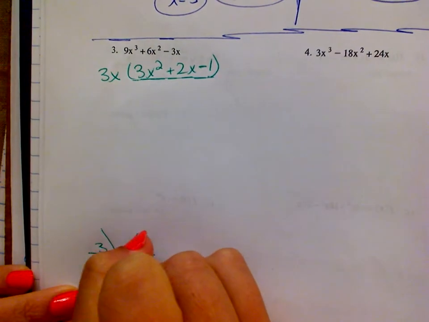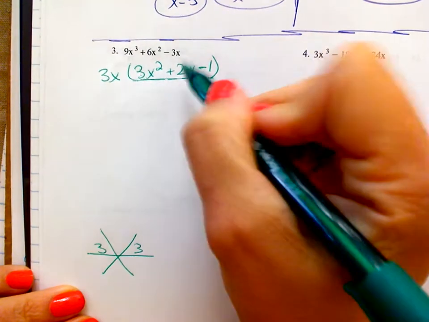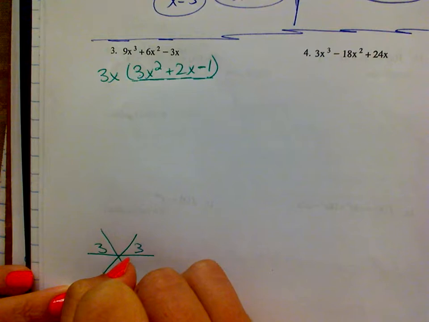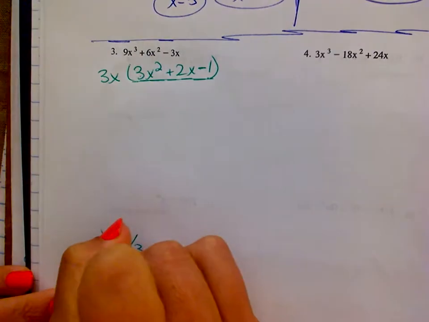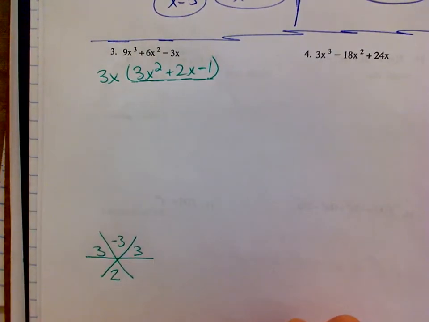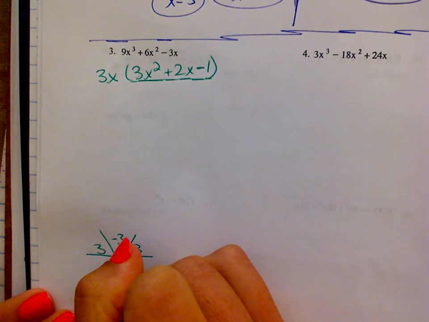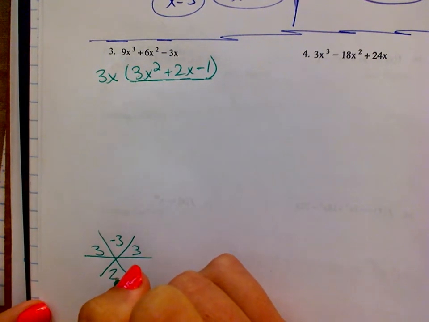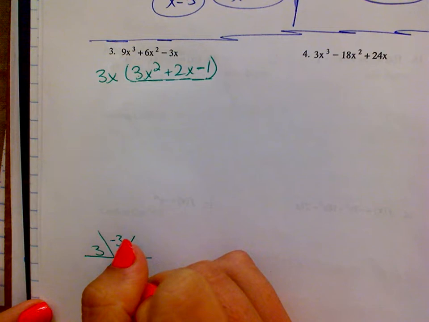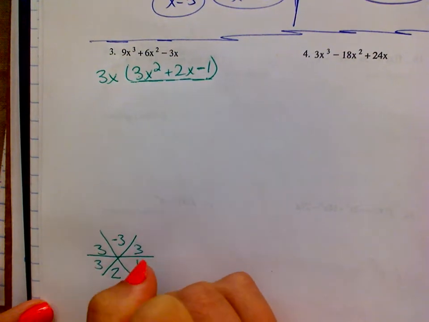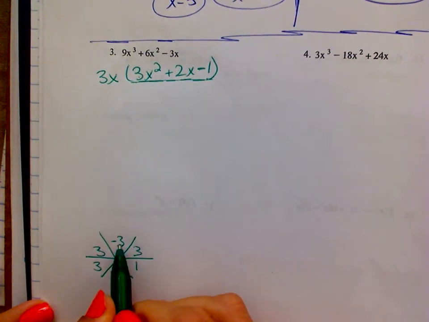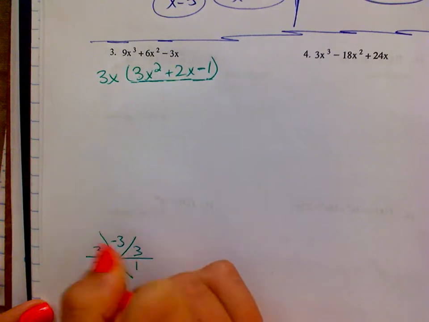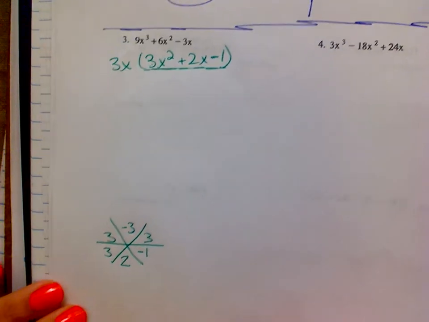So my 3 goes there for my A. 2 is my B. 3 times negative 1 is negative 3. I want to come up with numbers that multiply to give me negative 3 and add to give me 2. 3's prime, so it's 3 and 1. If you want to get negative 3, though, and positive 2, we're going to have to make the 1 negative.